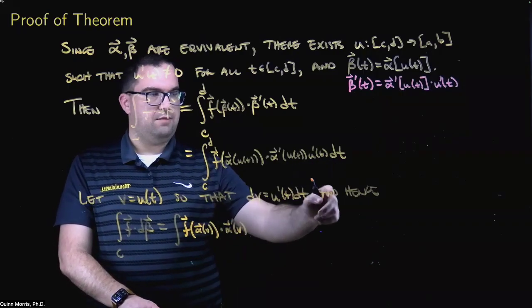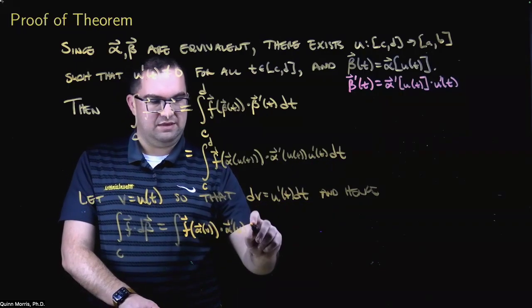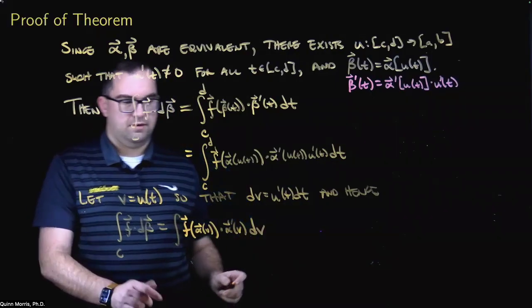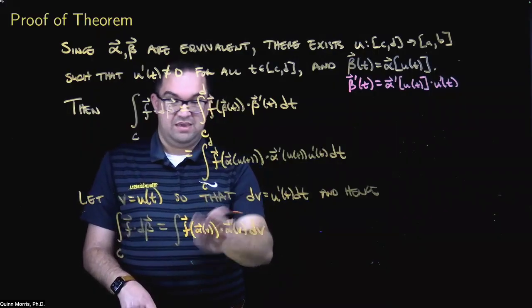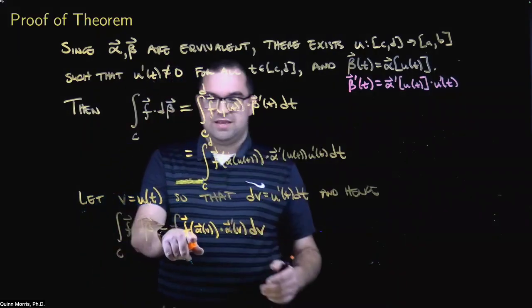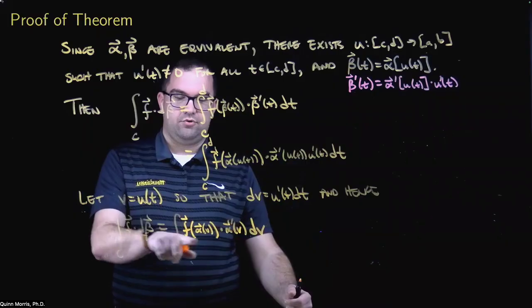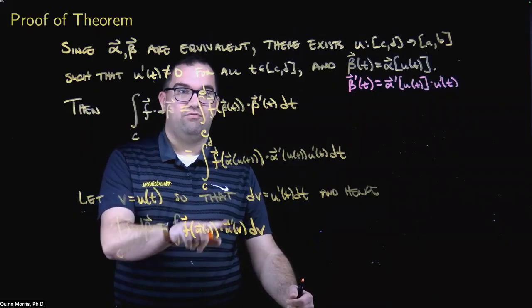And now this u prime of t dt is just going to be dv. Okay. And so notice if I look at this, except for maybe I have a v variable here instead of t, this now looks like a line integral of f d alpha.